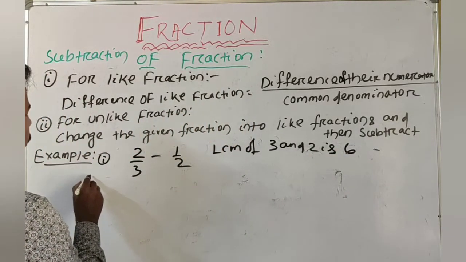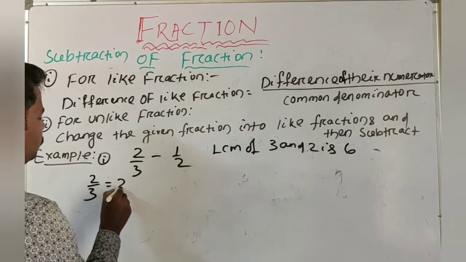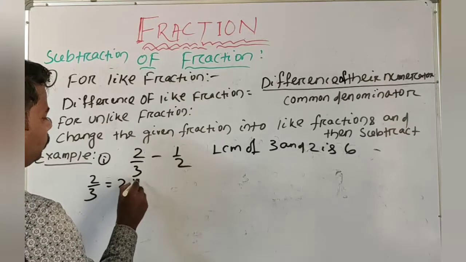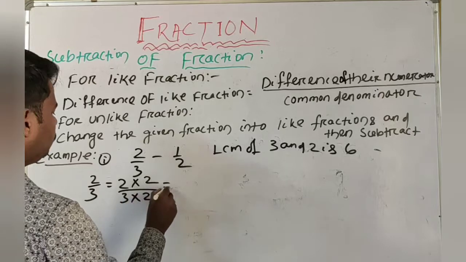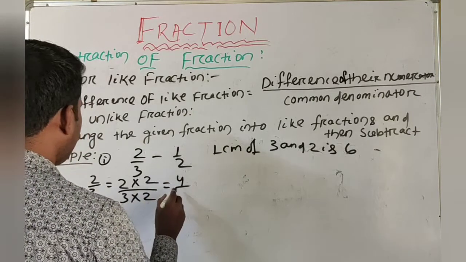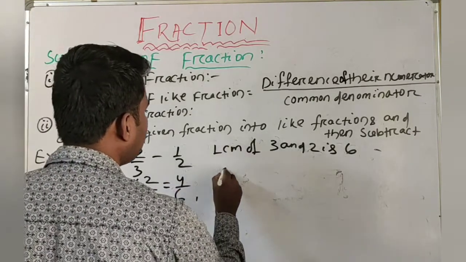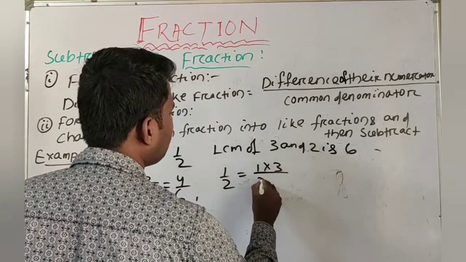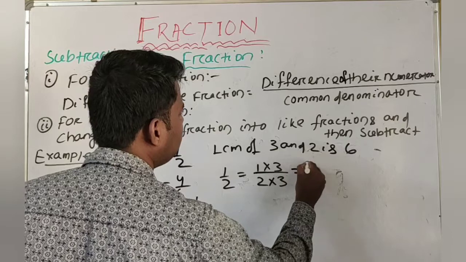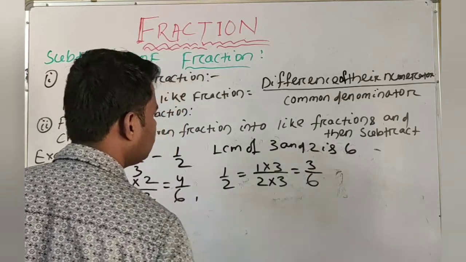Now 2 by 3 we can write 2 into 2 and 3 into 2. So it will be 4 by 6. Again 1 by 2 we can write 1 into 3 and 2 into 3, it will be 3 by 6.